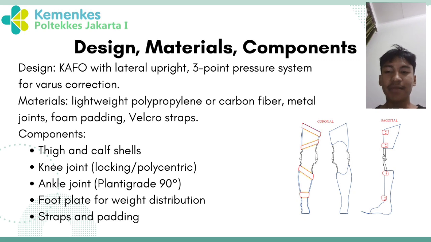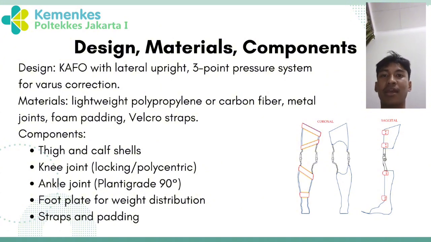Thank you, Adit. Next is design, materials, and components. The design is a KAFO with lateral upright and a 3-point pressure system for varus correction. The materials that we use are lightweight polypropylene or polyethylene, and metal joints, foam padding, and Velcro straps.